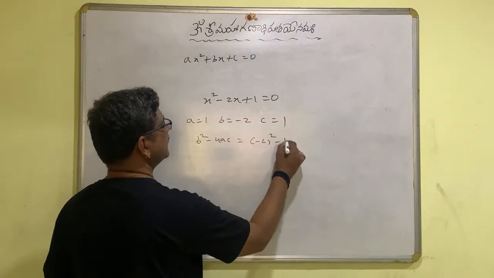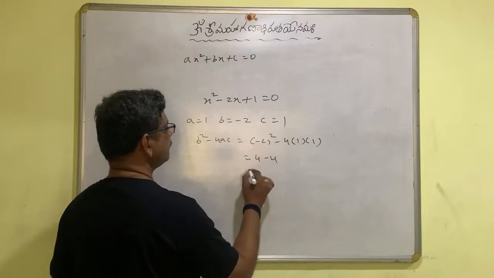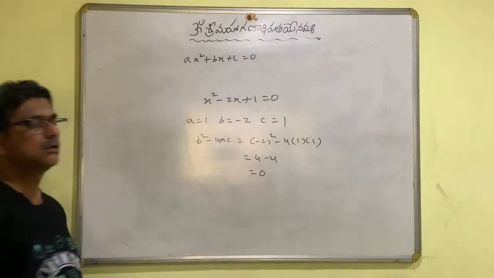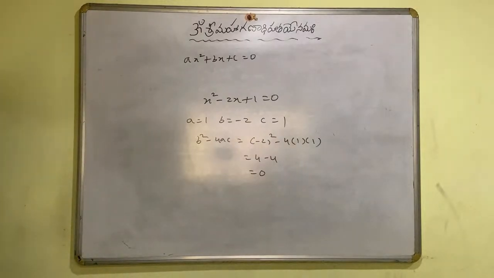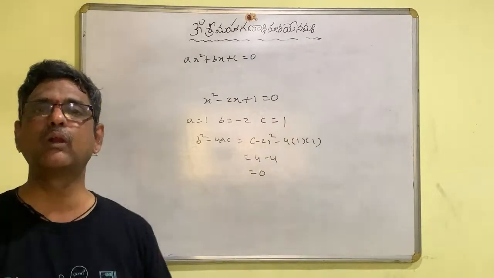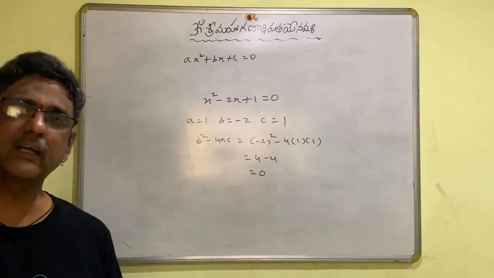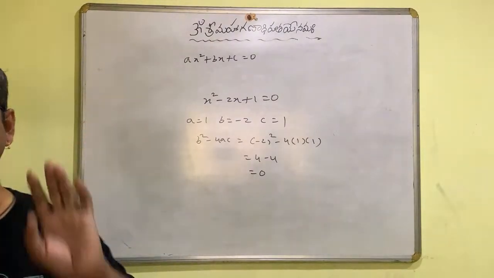Minus 2 whole square minus 4 into 1 into 1, that is 4 minus 4, which is 0. So b square minus 4ac is 0. That means the given quadratic equation is having only one zero or two zeros? It is having two zeros, but they are equal.